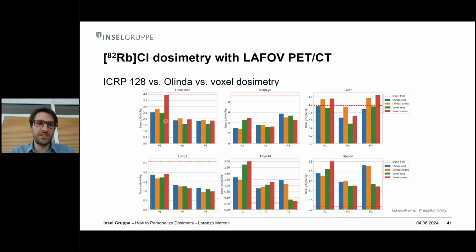So it's always rest and stress image. Compared to the ICRP 128, this is the red dotted and dashed line. So you see there are quite some differences to the ICRP dose estimate.